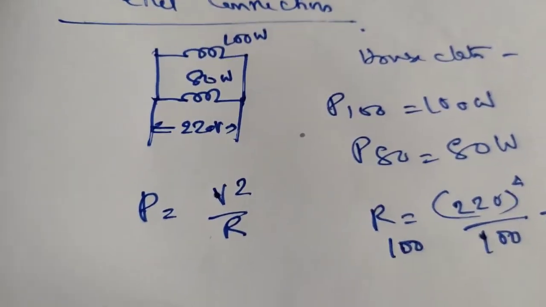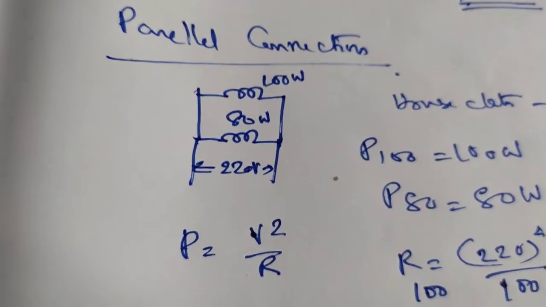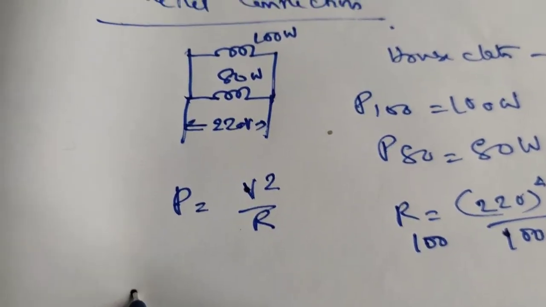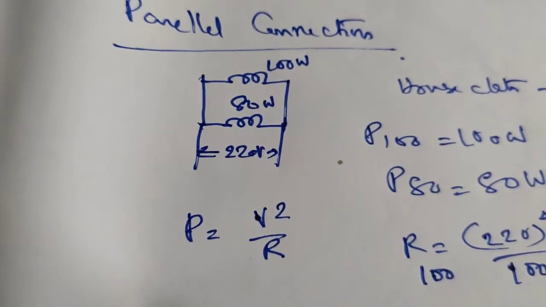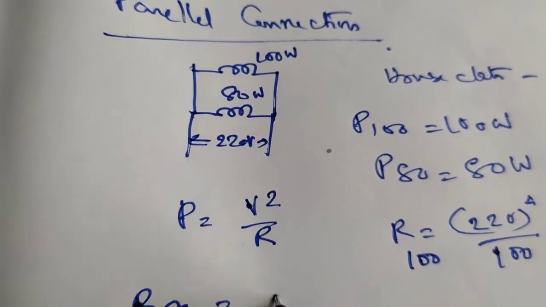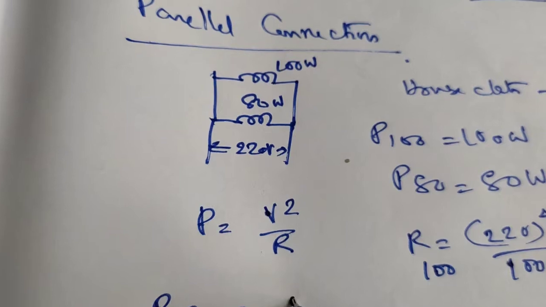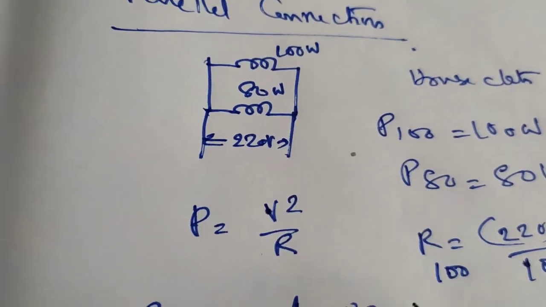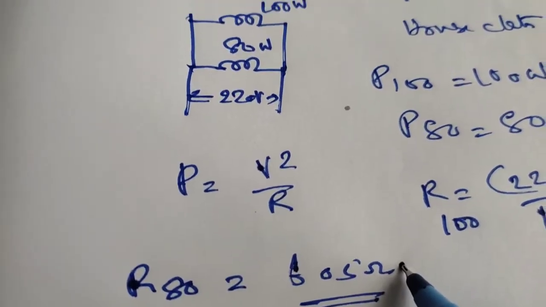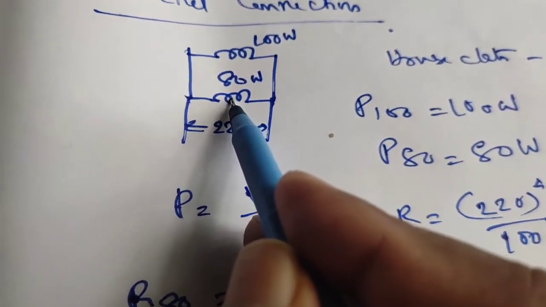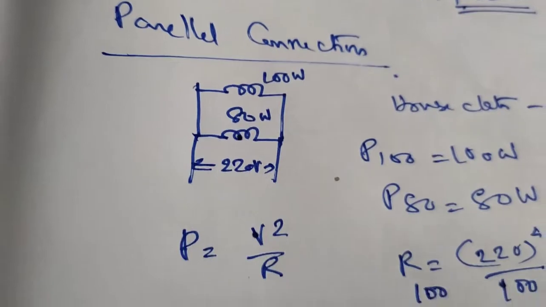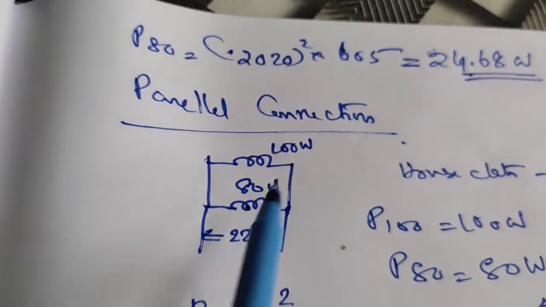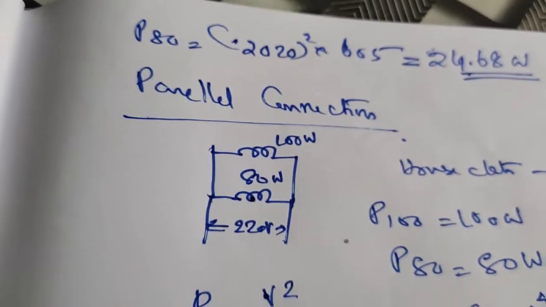Since the voltage is the same, resistance will not change. R80 is the same, 605 ohm. So this resistance is more, the current will be less in the 80 watt bulb, and the current will be more in the 100 watt bulb.